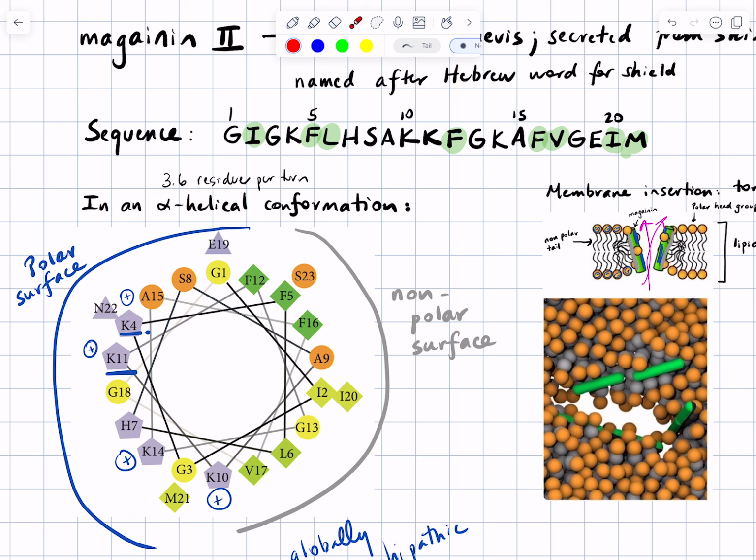It's thought that when Maganin forms a helix, these nonpolar residues are lined up so that they can interact with the nonpolar interior of a lipid bilayer, whereas these can interact with water or the polar head groups. In Maganin, a lot of these polar residues are positively charged, which is important because bacterial membranes are mostly negatively charged, for reasons that we'll talk about in the chapter on lipids.